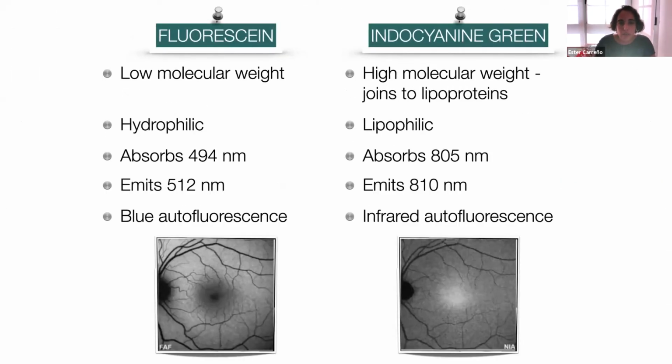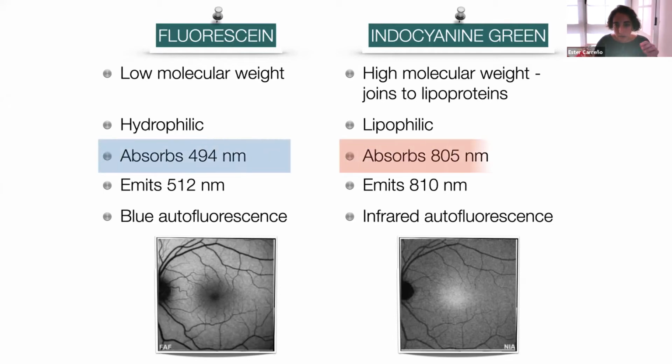But to start with, I'm just going to do a brief reminder of what fluorescein and ICG are. The difference between fluorescein and ICG is that ICG has a higher molecular weight and also binds lipoproteins, which means that it doesn't leak out of the retinal vessels and stays in the choroid, so it's better to see the choroidal circulation.